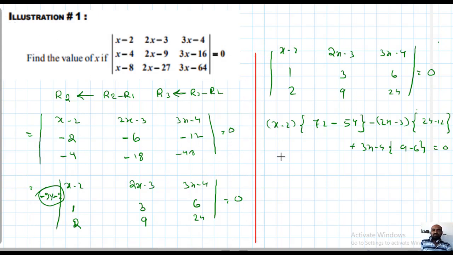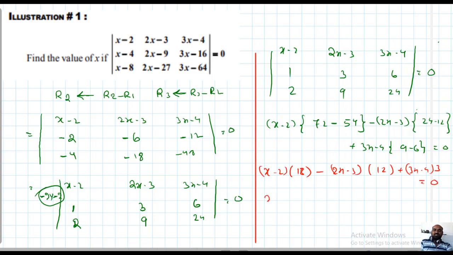Okay students, now x minus 2 into 72 minus 54, that is 18, minus 2x minus 3 into this is 12, plus 3x minus 4 into 9 minus 6, that is 3, equal to 0.